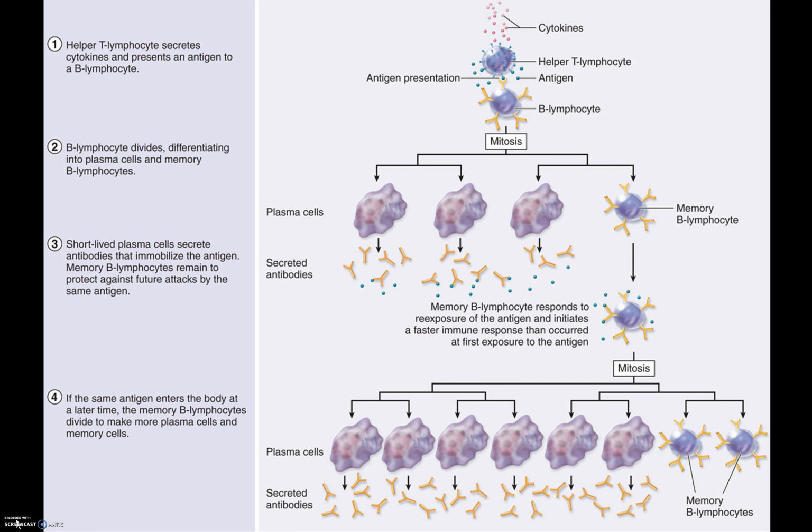Now the B lymphocytes get activated by the cytokines produced by the helper T cells, and the B lymphocytes differentiate mainly into 2 types of cells. The larger cells that you see are called plasma cells, and the smaller cells are called memory B lymphocytes, or the memory cells in short.